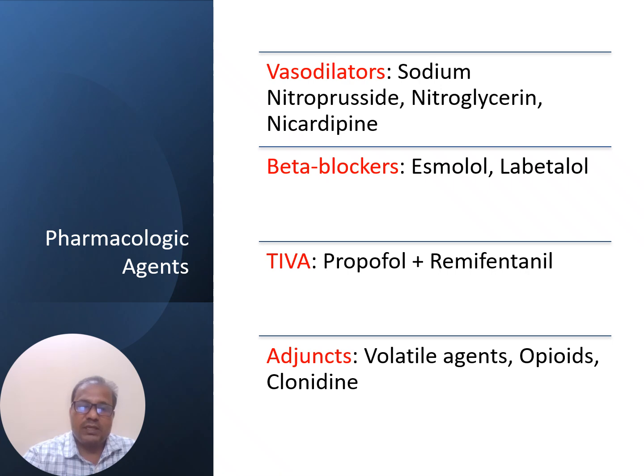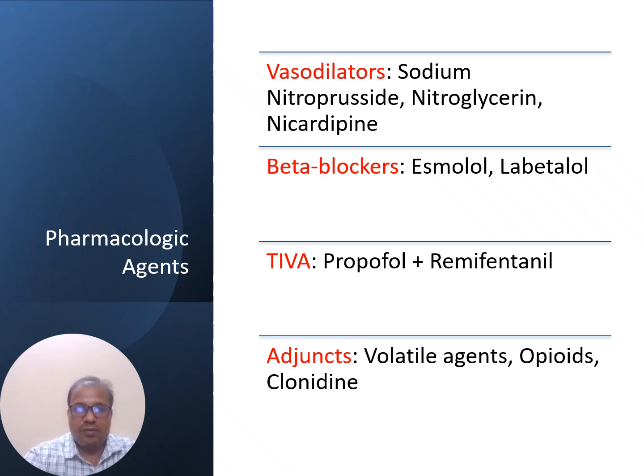Some other pharmacological agents. This is the pharmacological way to achieve hypotensive anesthesia. There are many agents: vasodilators, beta blockers, total intravenous anesthesia, and adjuvants may also be used. In case of vasodilators, we can use sodium nitroprusside, nitroglycerin, etc. For beta blockers, we can use esmolol, labetalol.